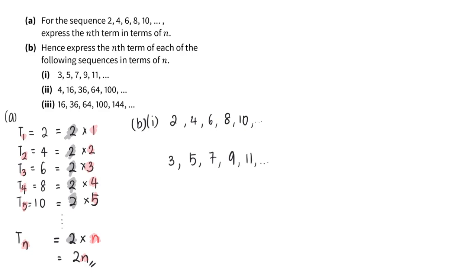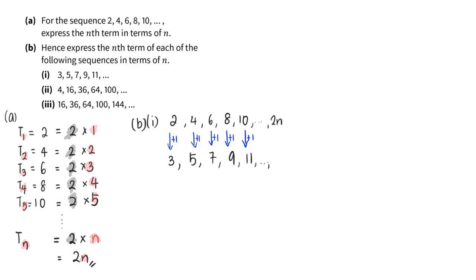I saw that for each term in the sequence, we always add 1. And we already got that for each term in the number sequence in part A, it is 2n, meaning that the nth term is 2n.